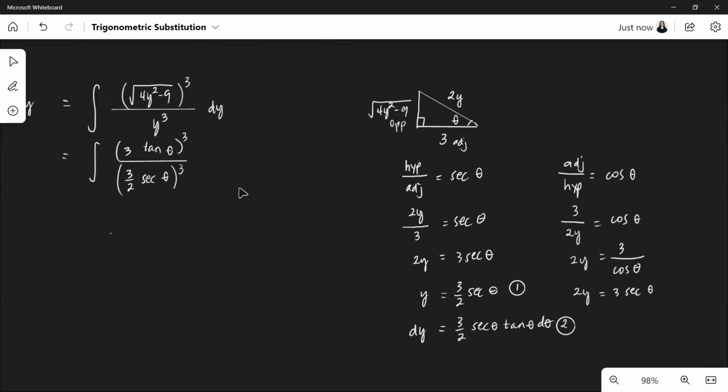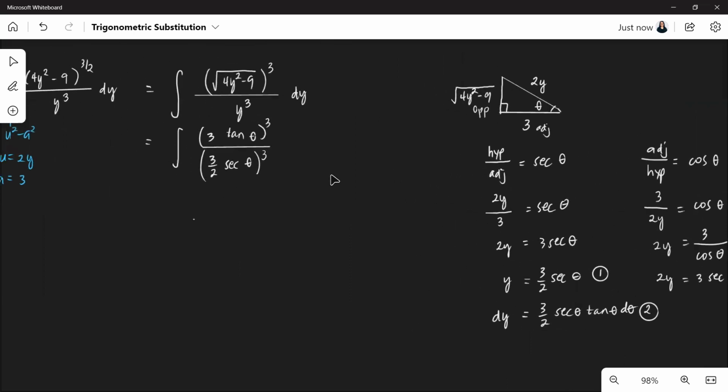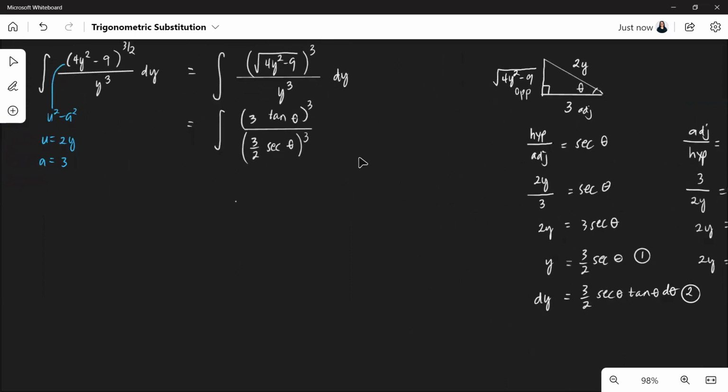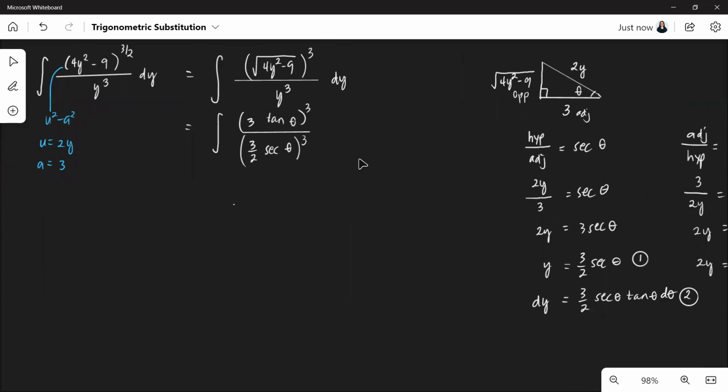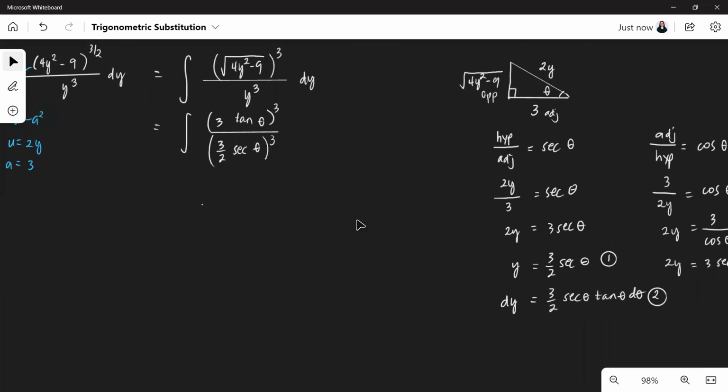It's the exposure to the different examples. I'll show that other solution, but it will be dealing with sine and not with secant and tangent. So let's just continue.